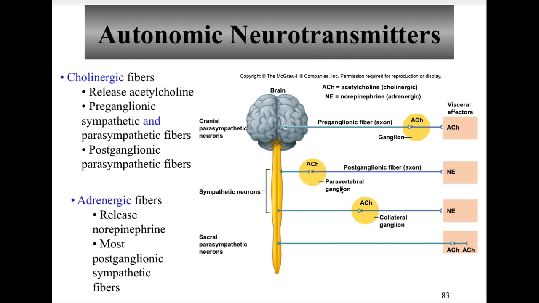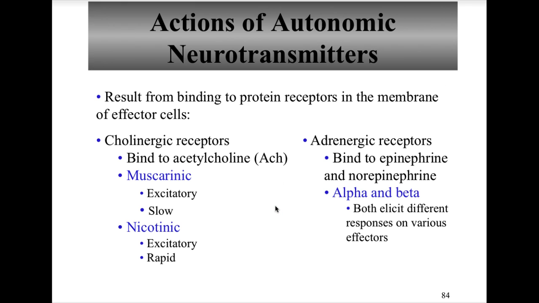The effects of autonomic stimulation on various effectors: you have the visceral effectors. So over here you have acetylcholine, norepinephrine, norepinephrine, acetylcholine, acetylcholine. Basically, what you see is the result of binding to protein receptors in the membrane of effector cells.